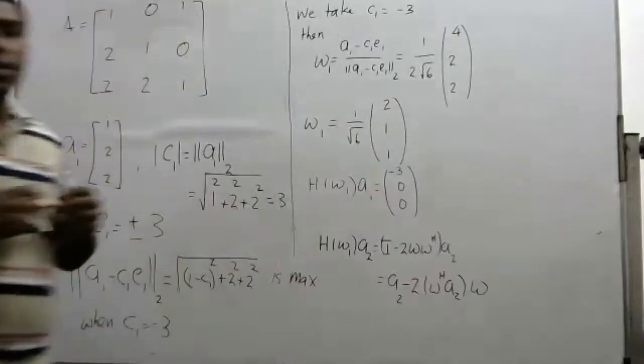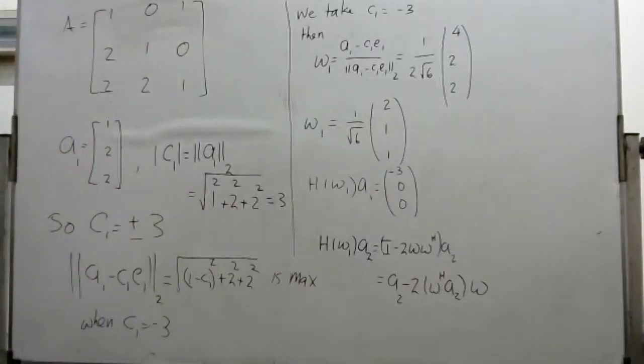When you multiply H omega 1 with A2, you get I minus 2 omega 1 omega 1 Hermitian, times A2.